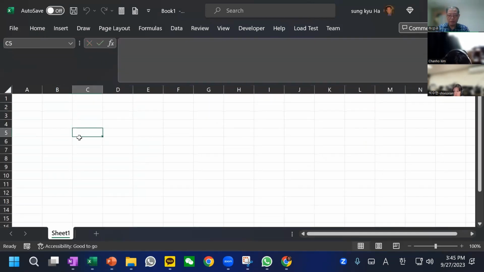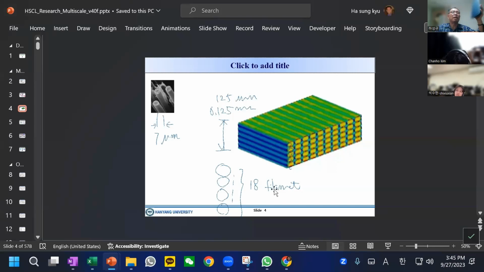I simply did 125 divided by 7, which is 17.8, or 18. This is how I got this number, 18 filaments.